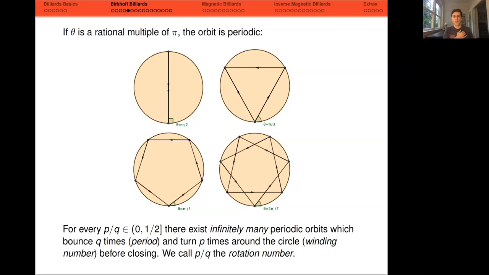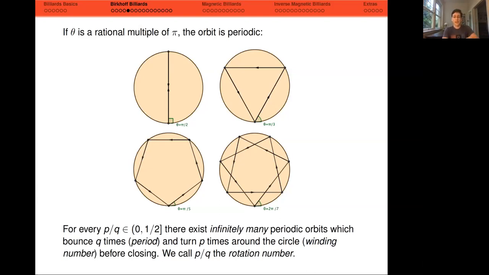And one thing that matters a little bit here that we'll talk about more later is that in this case, for every rational number p over q in this interval from 0 to 1/2, there are going to be infinitely many periodic orbits which have this rotation number p over q.